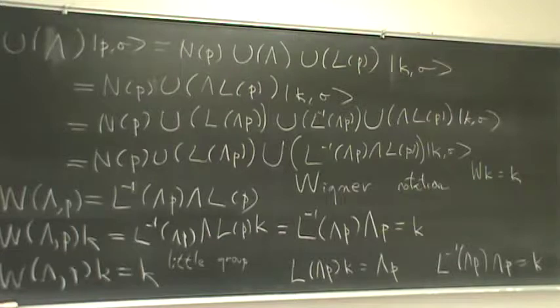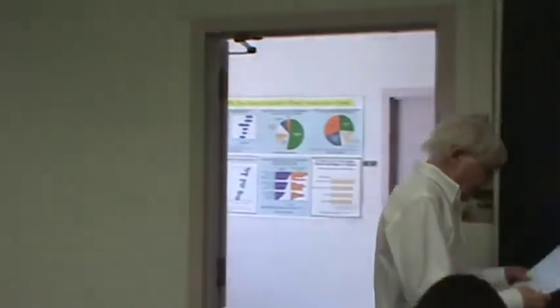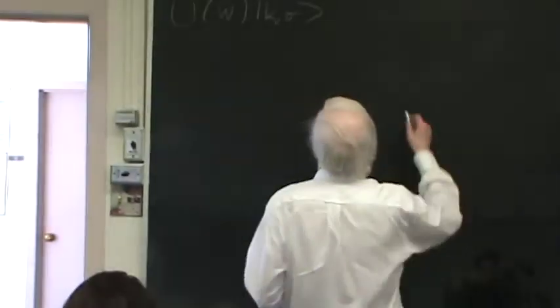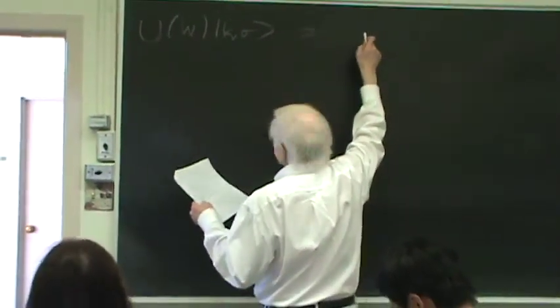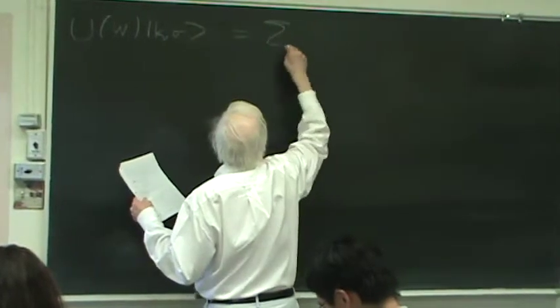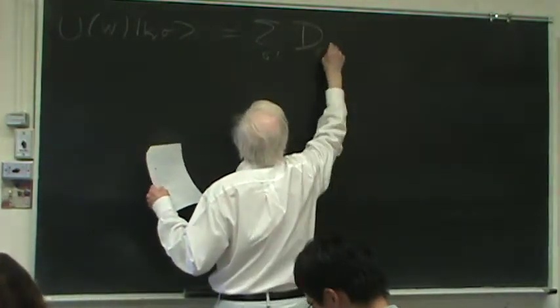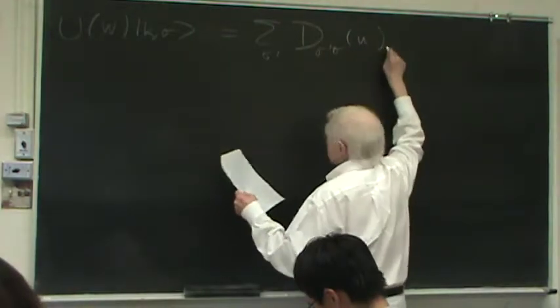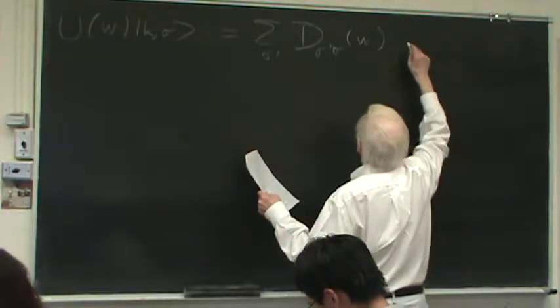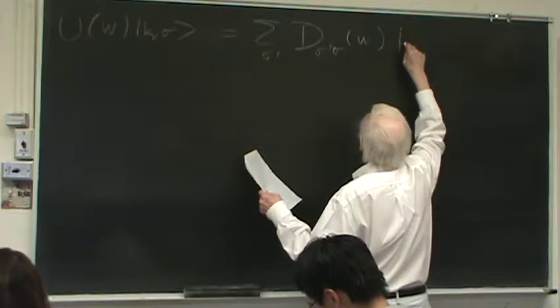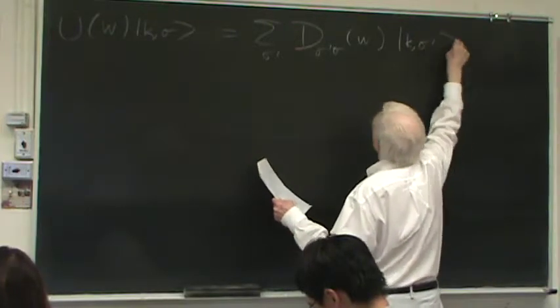suppose we have U of W on some K sigma. So this is a state that represents a particle that has a fiducial momentum. And this is evidently a sum over sigma prime of some d of sigma prime sigma of W times K sigma prime.